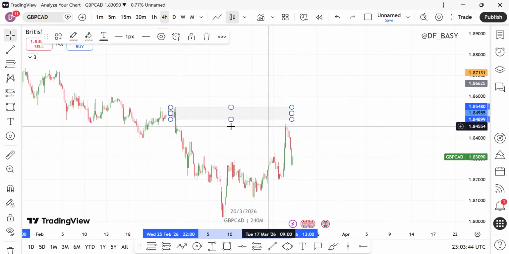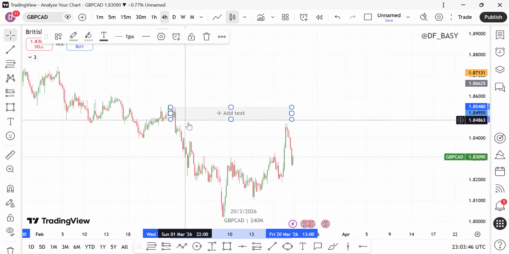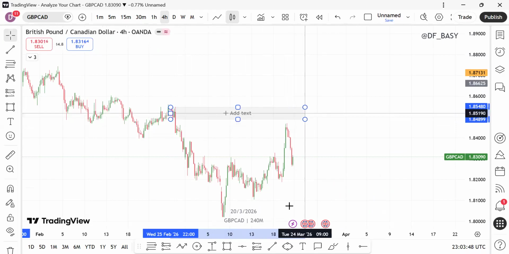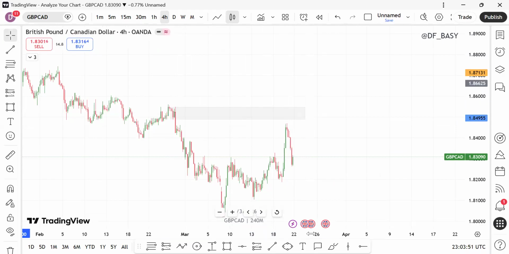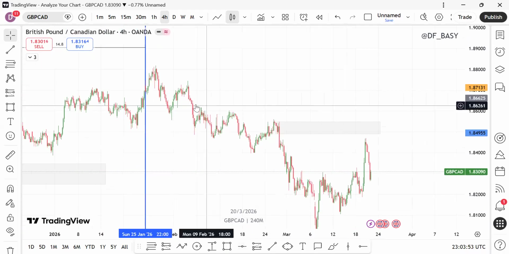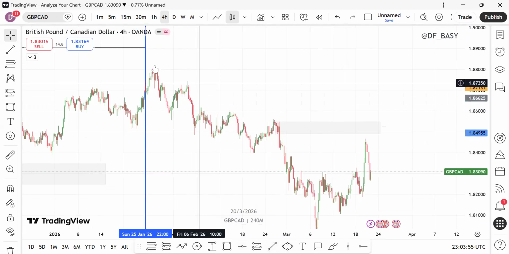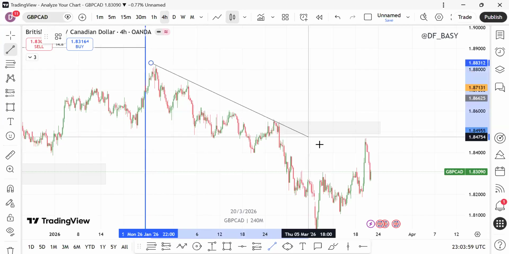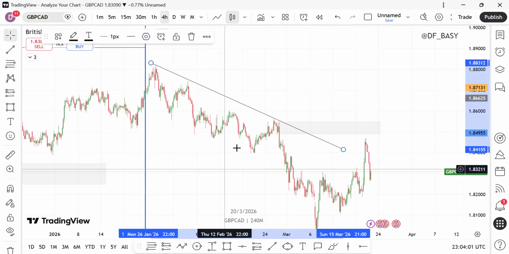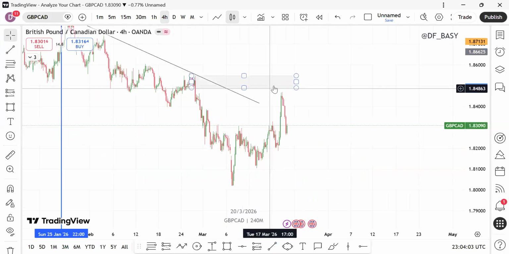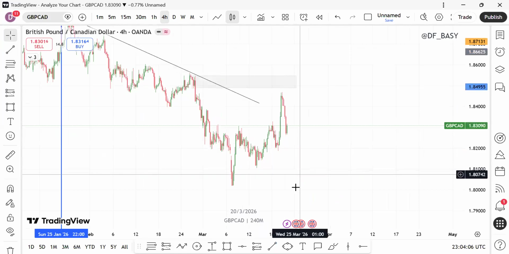It hasn't really tapped there, but there's an imbalance here. It is a nice block, but the trend from here down is a bearish one. So we're expecting market to tap this block and sell down to break down.